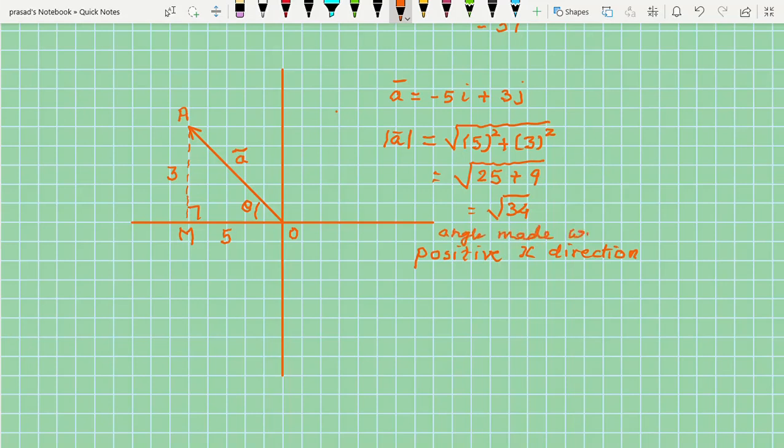So, first let me find out this theta. Theta will be tan inverse of 3 upon 5. Tan inverse of 3 upon 5, which is about 31 degrees.